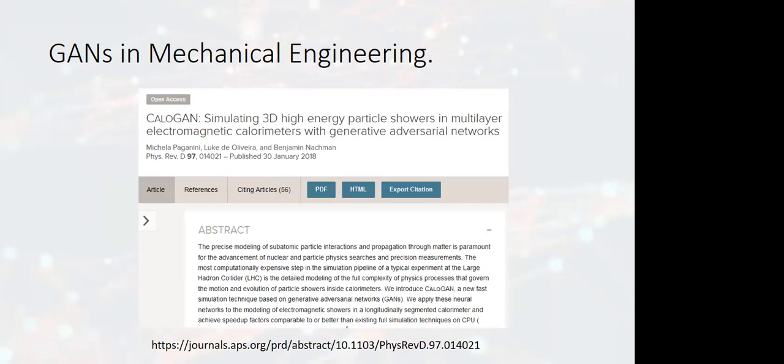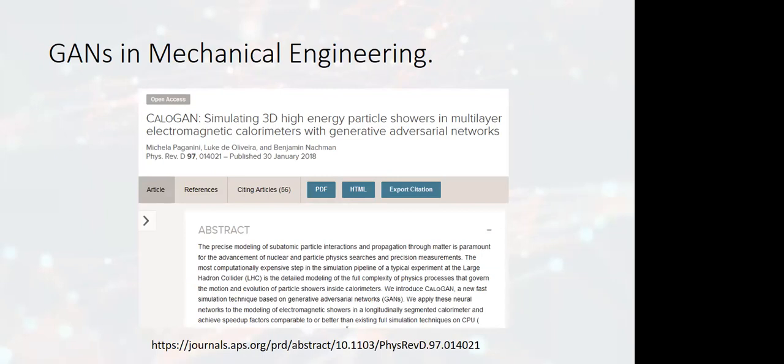Also, this work came out in 2018 by Paganini et al. For context, the motion of particle showers inside a calorimeter is extremely high dimensional, so it's really hard to simulate. And notably, it is the most time consuming step in a simulation pipeline for the Large Hadron Collider at CERN.